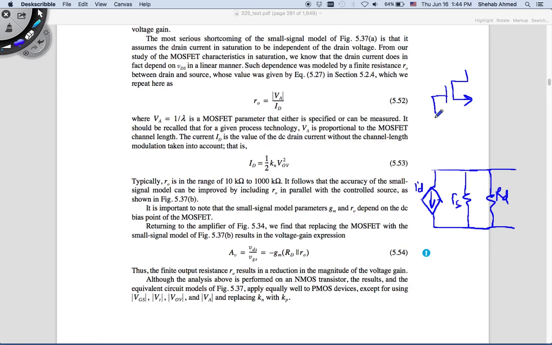using superposition. For instance, I'm utilizing superposition. I'm only utilizing small vgs. Capital VGS was grounded. This source is grounded. RD was here, and I had VDD here. VDD also has to be grounded. Right?